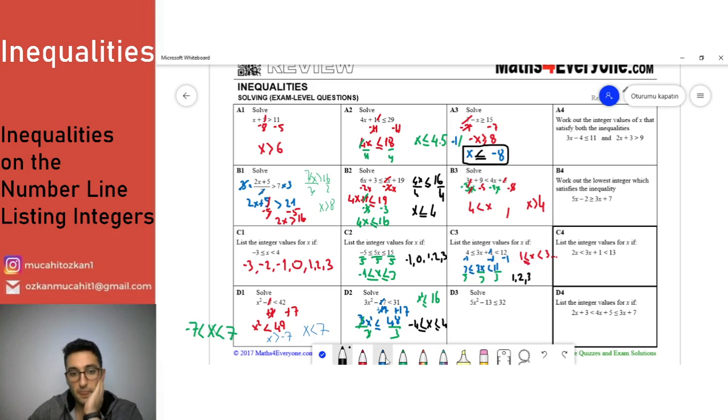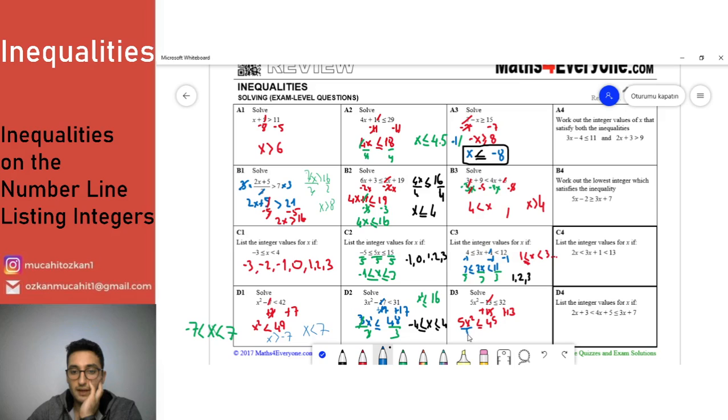Question D3. Let's add 13 on both sides to get rid of this negative 13. And we will have 5x squared is less than or equal to 32 plus 13, which is 45. And I can divide both sides by 5.